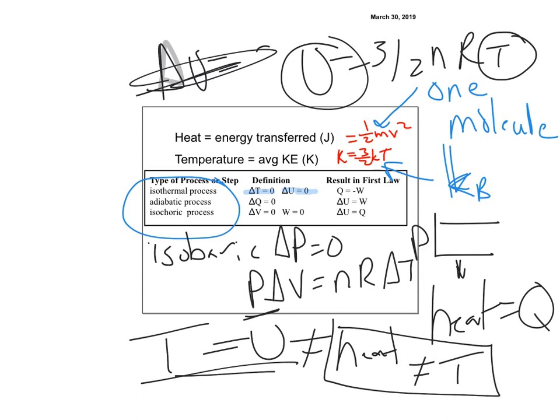And I believe this one comes out to be 5/2 nR delta T if you look at the delta Q. Because delta U equals delta Q plus W, and so delta Q would be equal to delta U plus P delta V because of the negative in there.